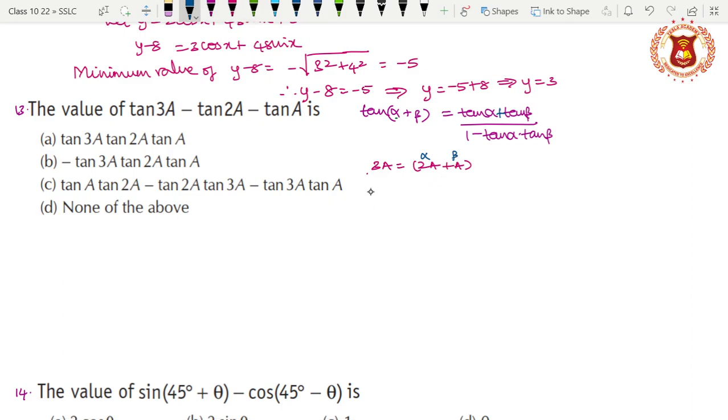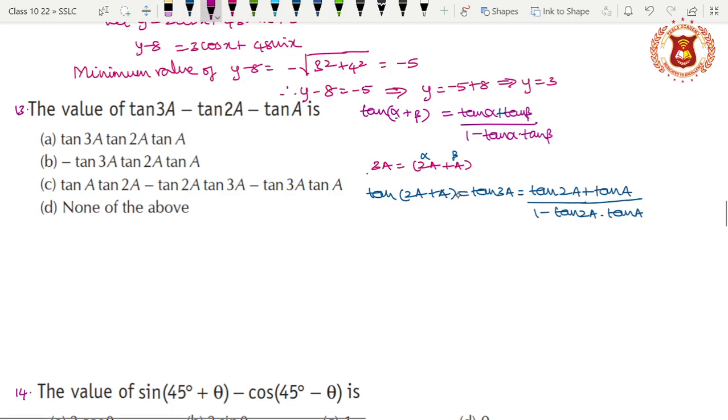Therefore tan of 2a plus a is equal to tan 3a, which is equal to tan alpha plus tan beta, that is tan 2a plus tan a, whole divided by 1 minus tan alpha into tan beta, that is tan 2a into tan a.